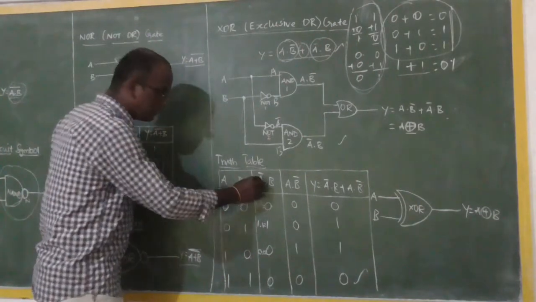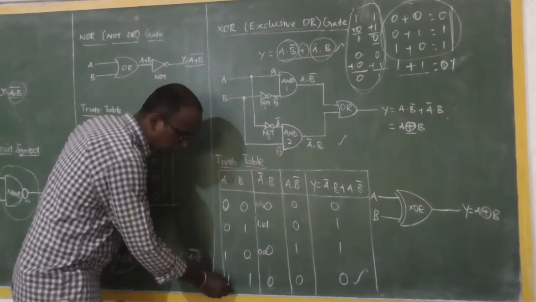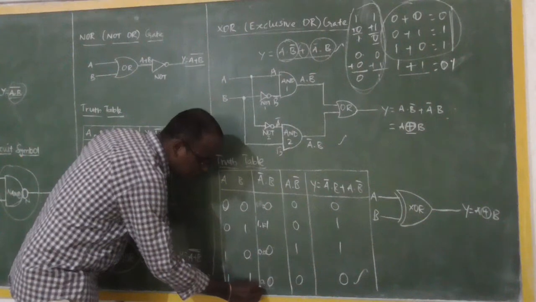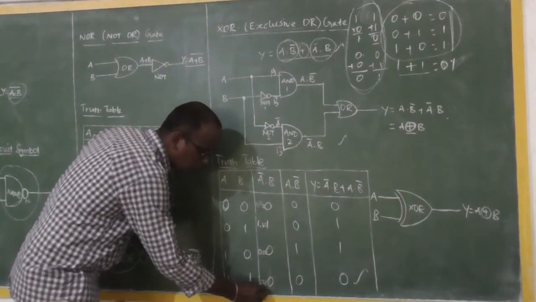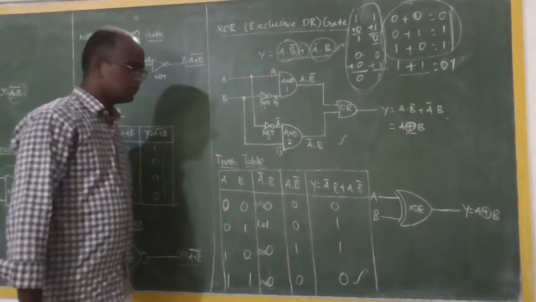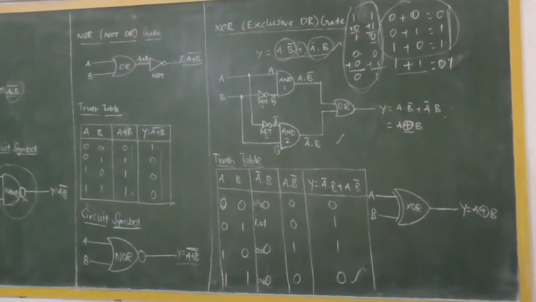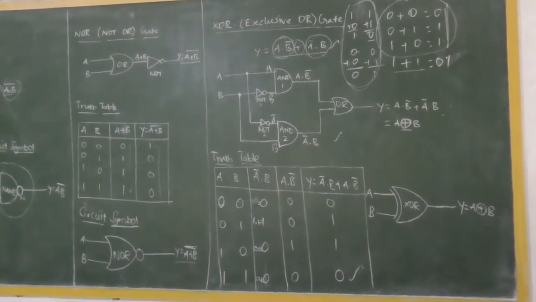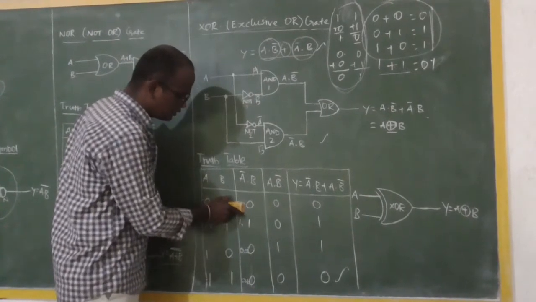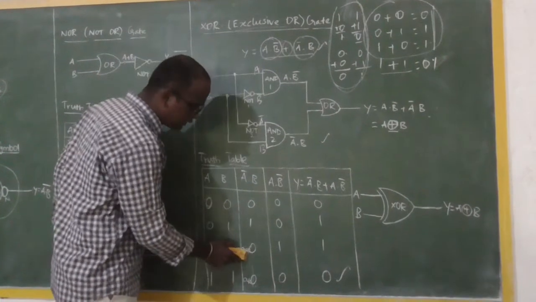Similarly, if we apply A as 1, then A bar becomes 0 dot B. B is directly applied, that is 1, so we get the result as 0. Okay? So we verified the result of the first AND gate.